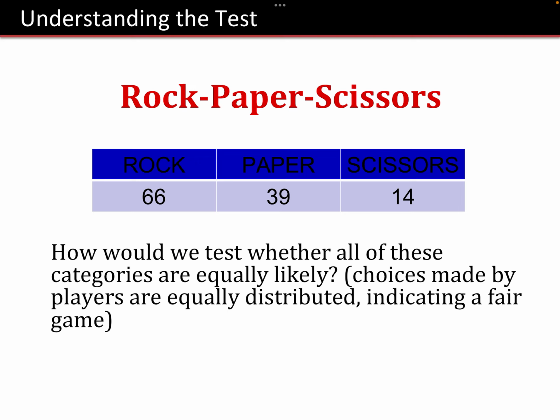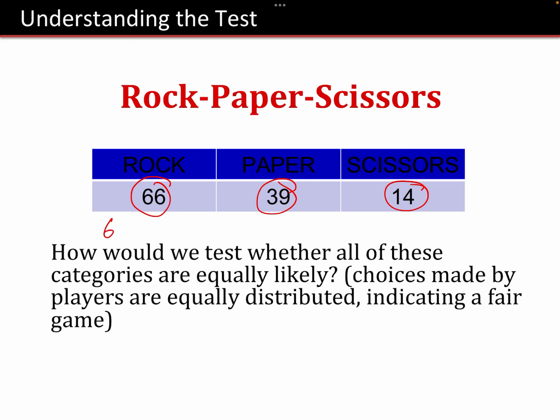Now, before we talk about how this works, let's look at how many games have been played in this particular question. If you have 66 rocks, 39 papers, and 14 scissors played between two players, I really want to know how many games these two players actually played.